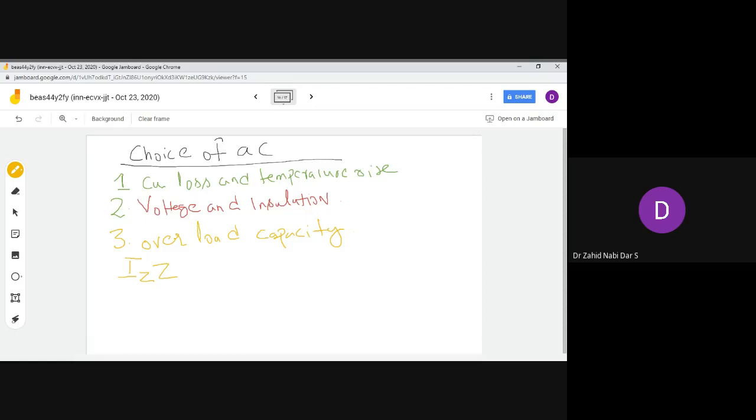So ampere conductors is basically Iz into Z divided by pi d. This is nothing but ampere conductors.